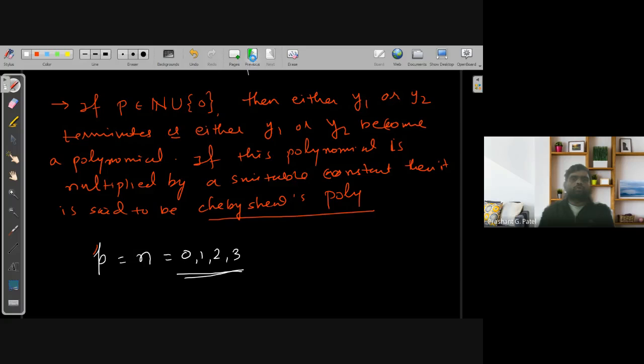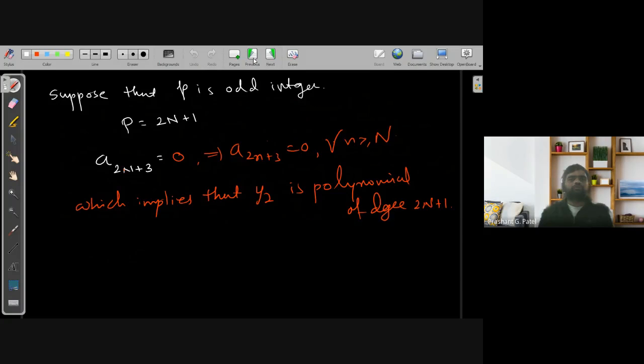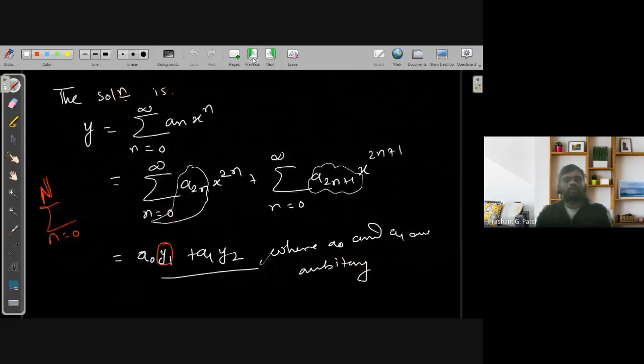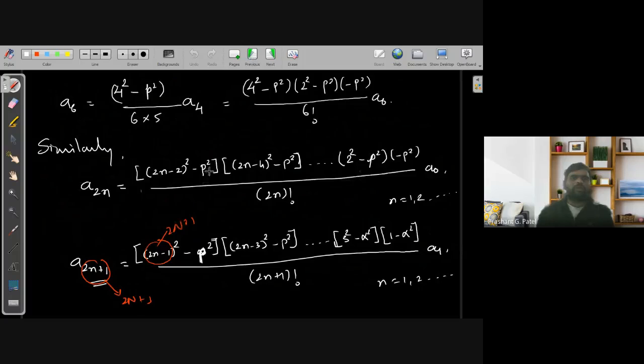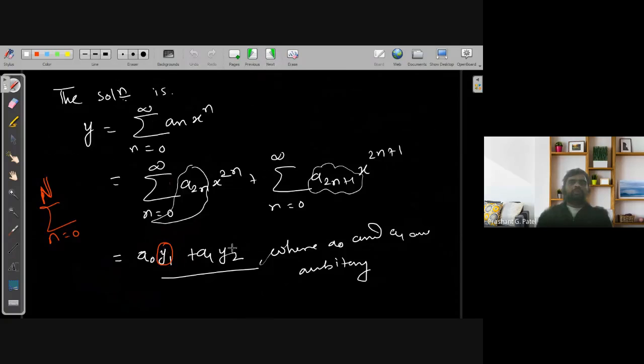So can you find out what this Chebyshev polynomial is? If I take p equal to 0, 1, 2 and 3, I need to have the values of y1 and y2. So can you find out that value yourself?